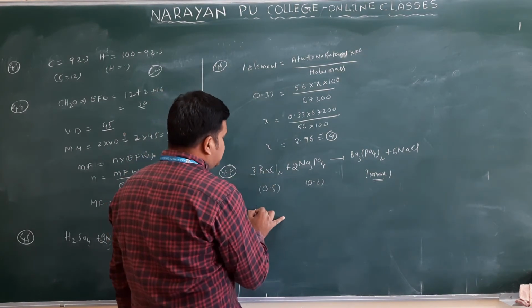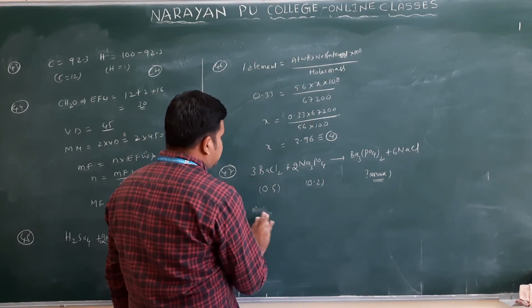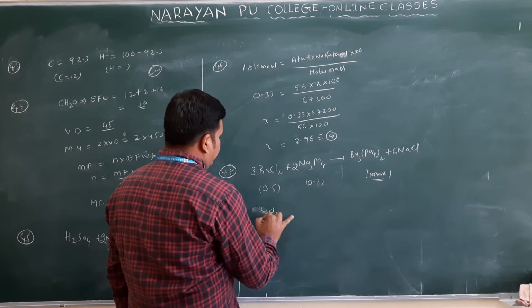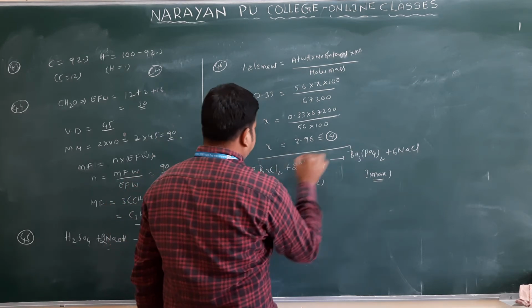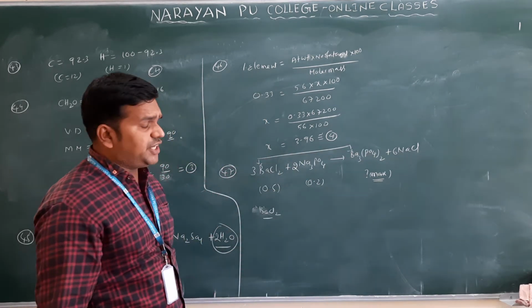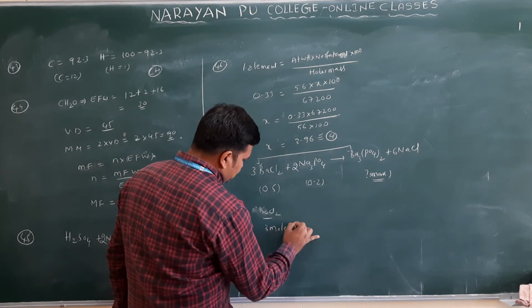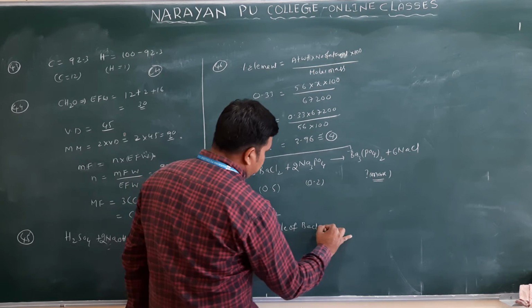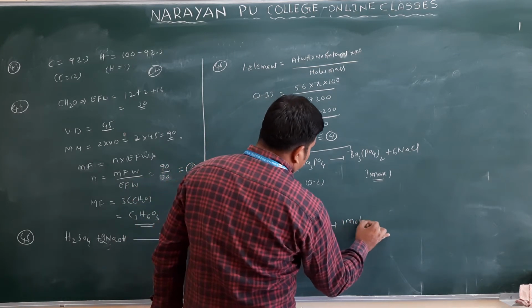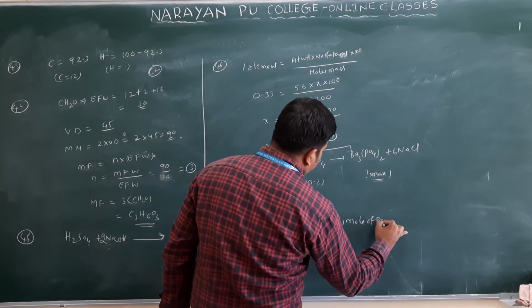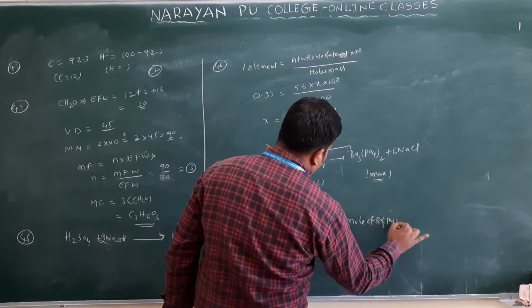First I am taking BaCl2. 3 moles of BaCl2 gives 1 mole of Ba3(PO4)2.